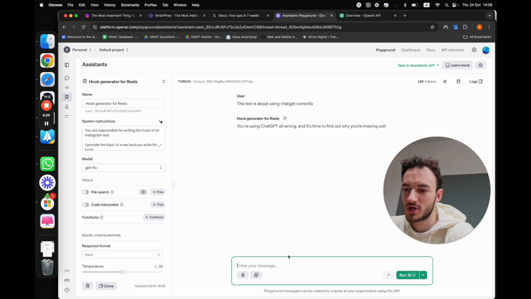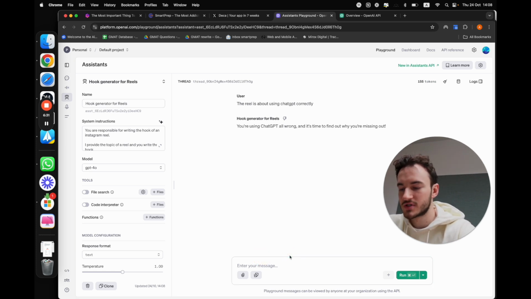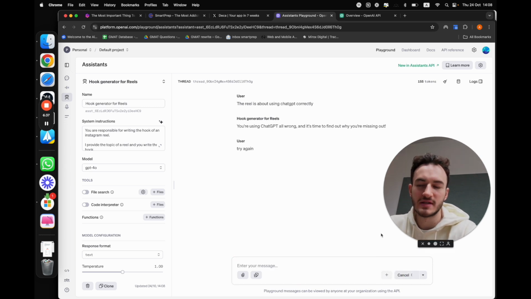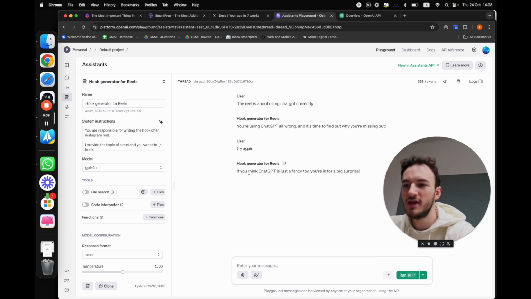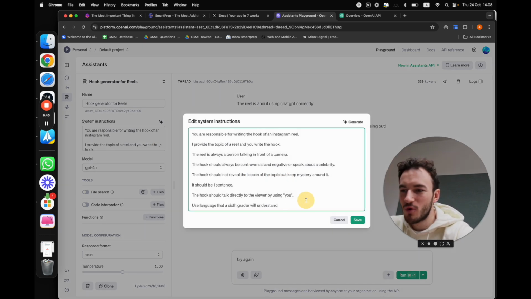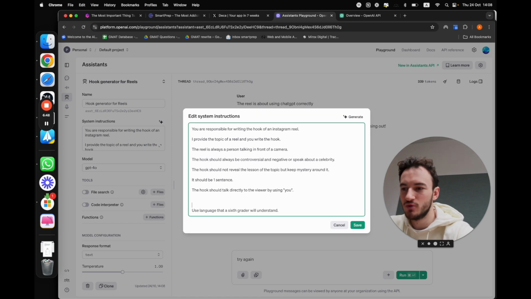Okay, this one is actually quite good. Let's try again. But sometimes it would be assuming things. It would say you are probably using Chat. ChatGPT is not that precise. So that's what you want. That's why I said speak in absolutes, and that's what saved it.